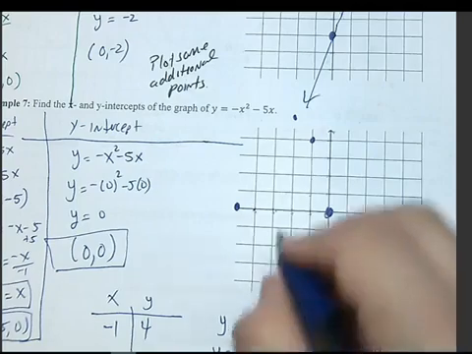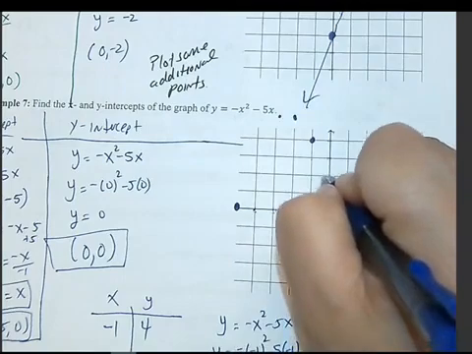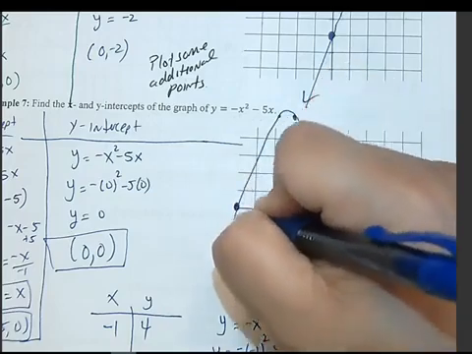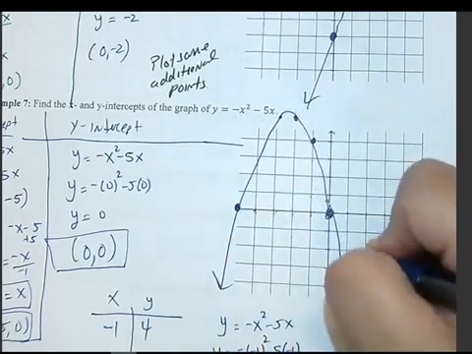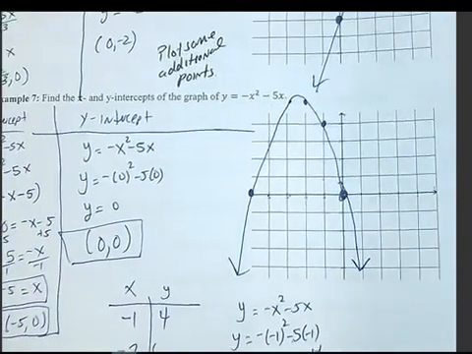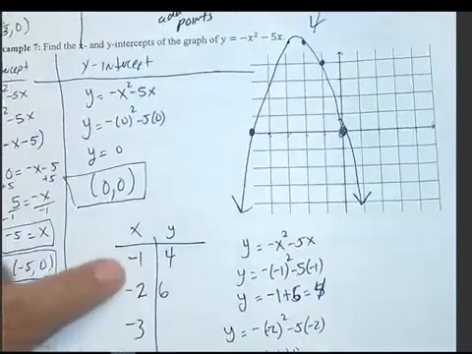So we get 6. So this is going to be a parabola that goes up and then it comes down. Okay. So again, if the graph is not a line, then it's important to have these extra points.